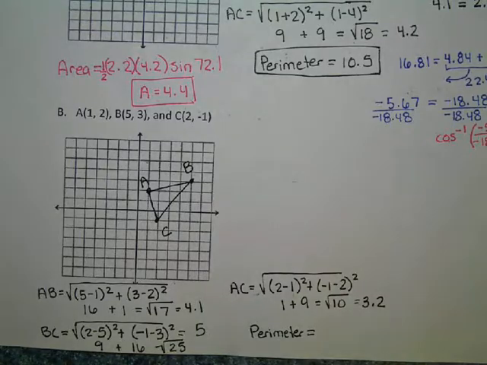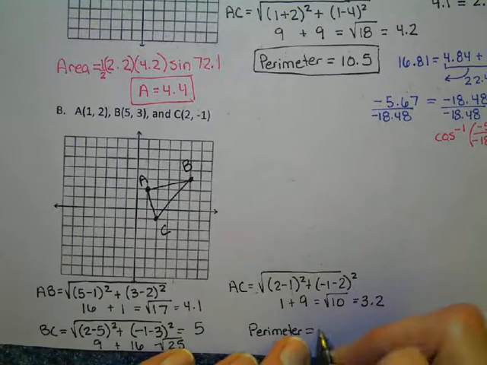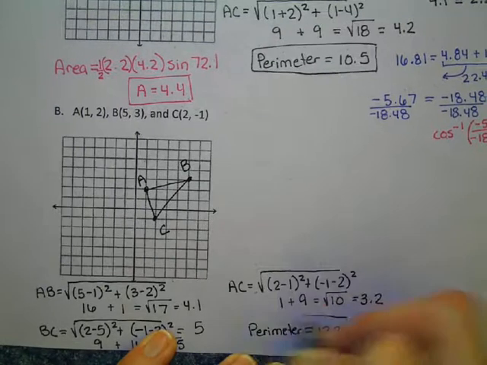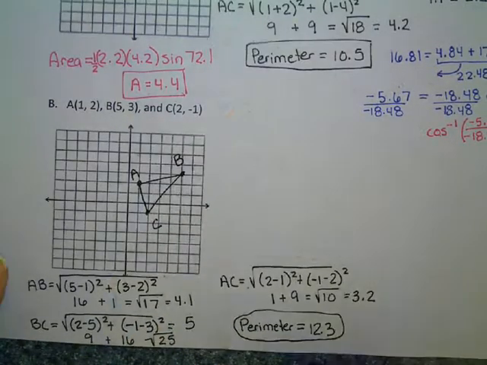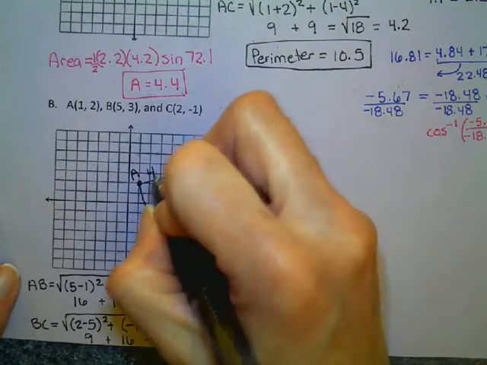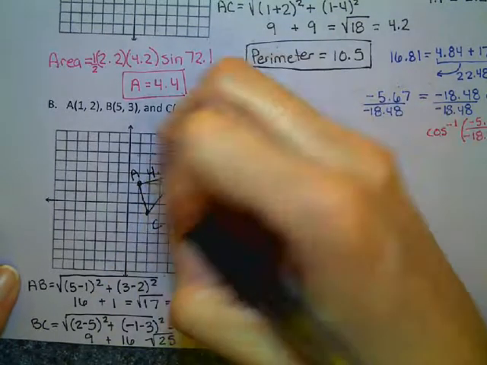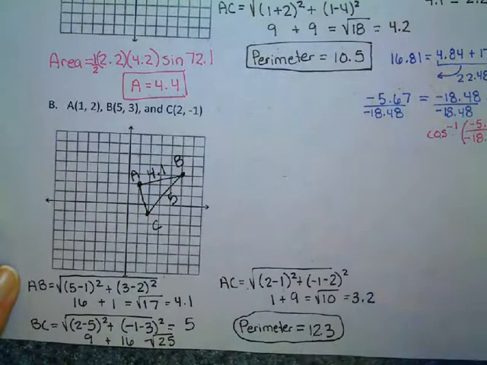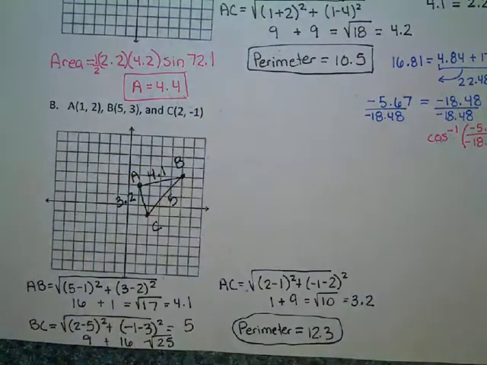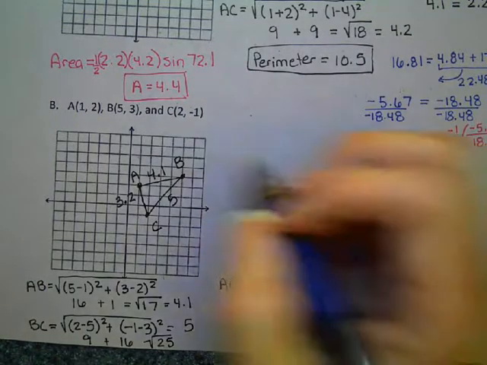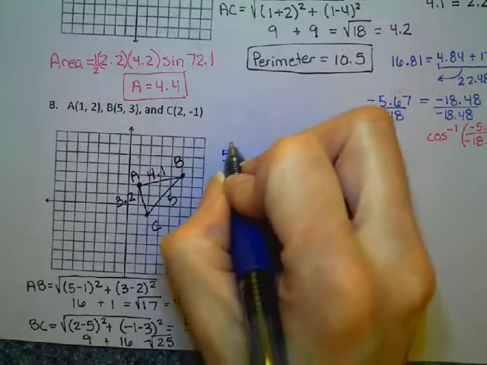So I'm going to say perimeter is 4.1 plus 5 plus 3.2 equals 12.3. Okay. So in my picture, AB is 4.1, BC is 5, and AC is 3.2.